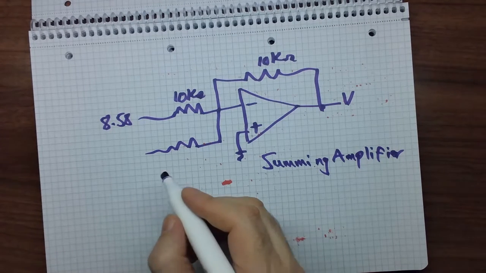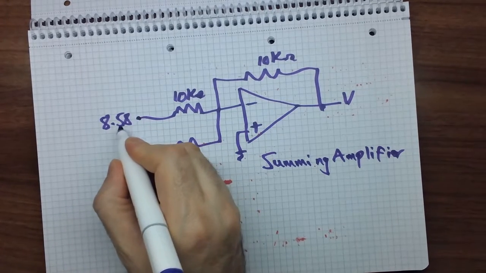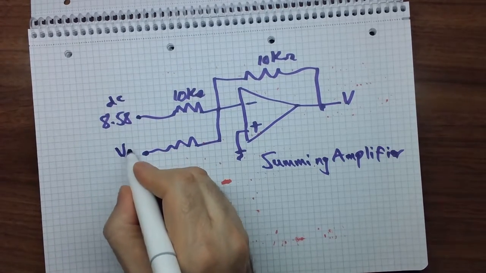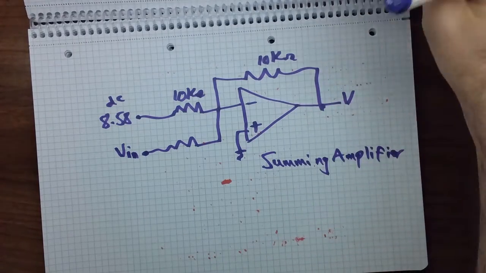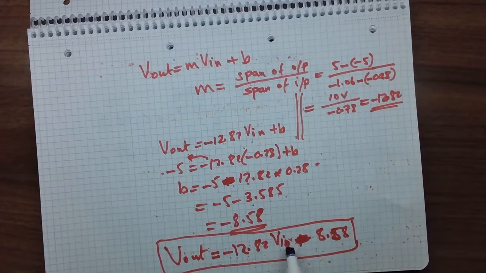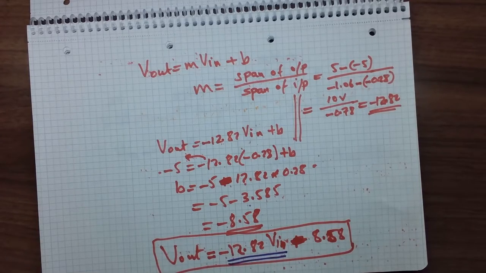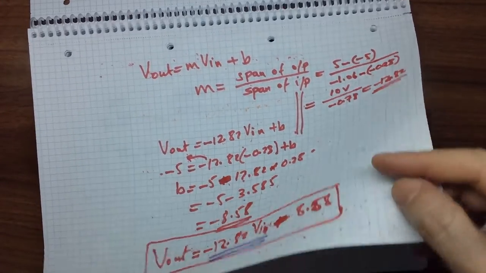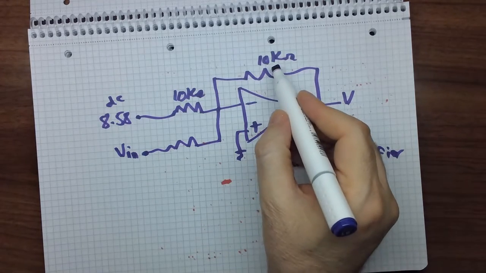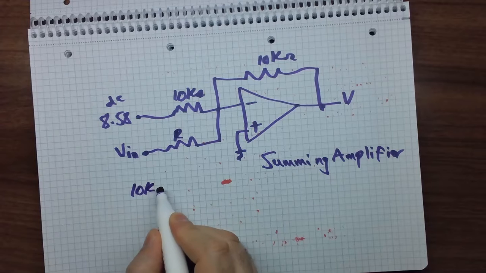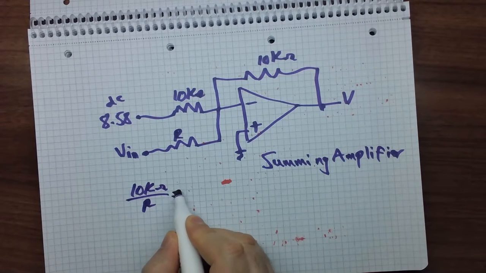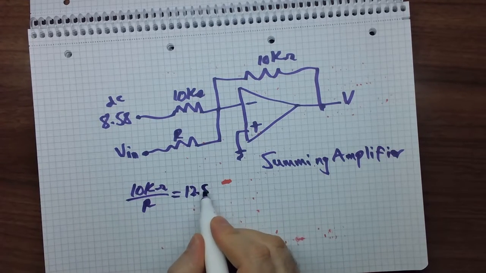And we have Vn here. This is the DC term, and this is Vn. The gain should be, because Vn is multiplied by minus 12.82, 10 kilo ohm over R should be equal to 12.82.